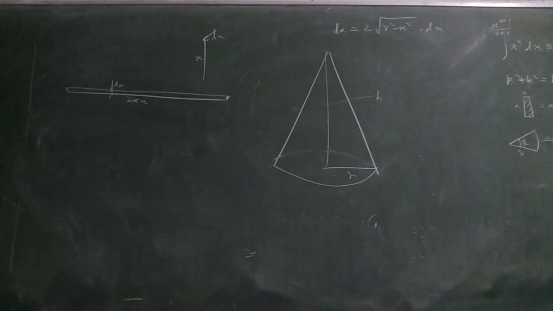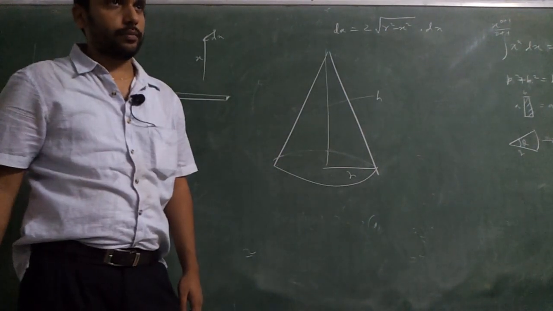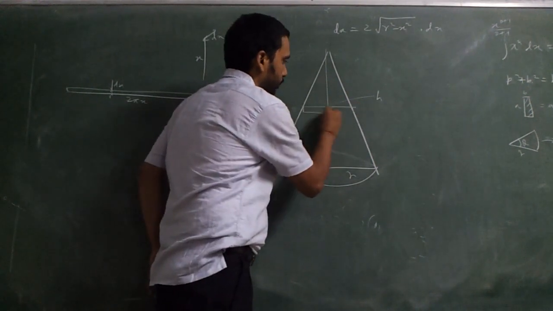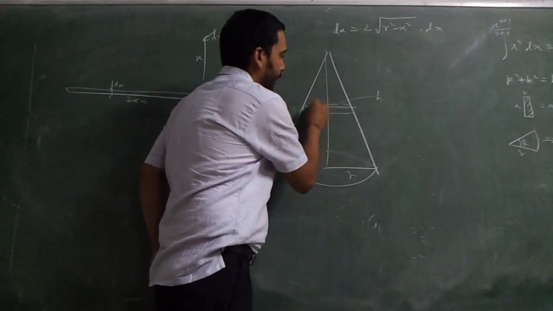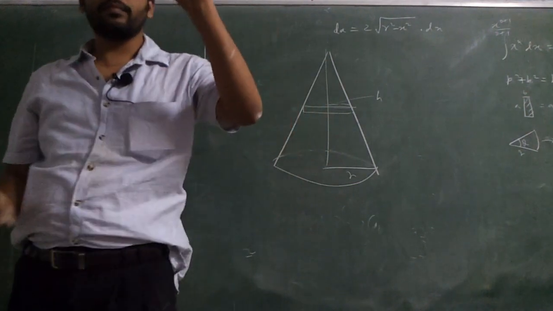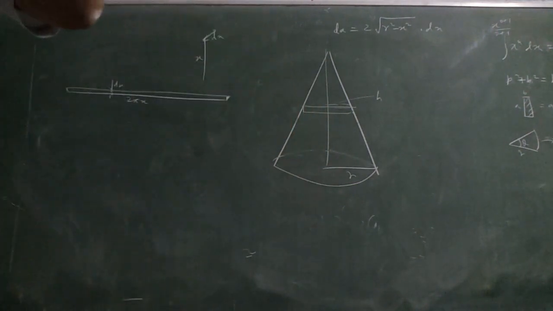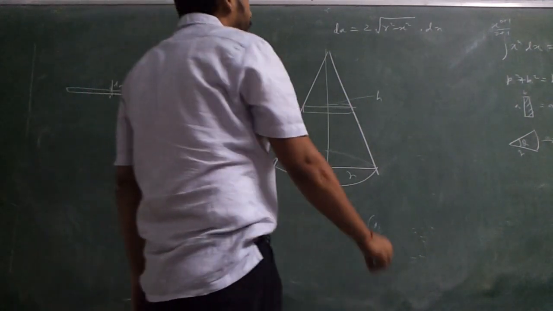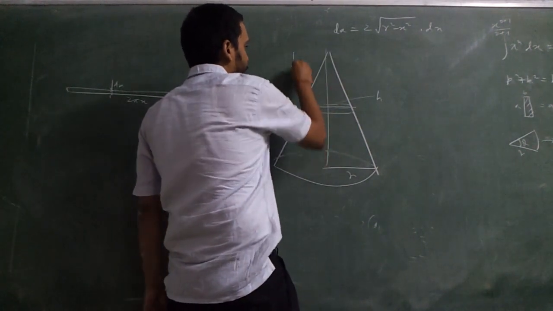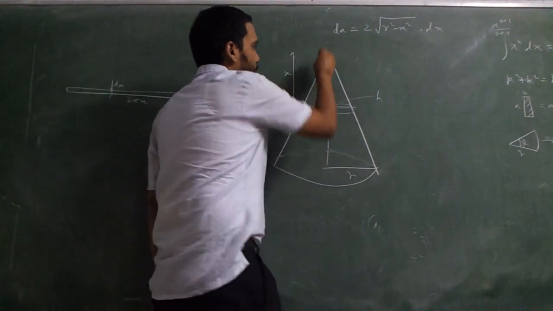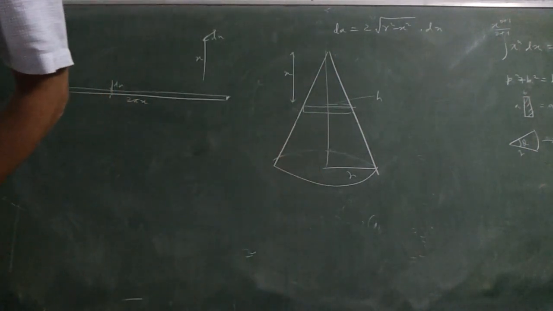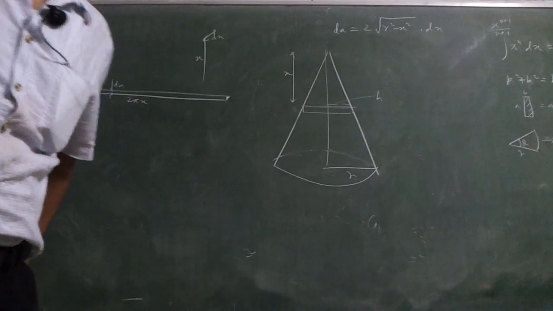So the hint is, you can slice it over here. A small cylinder will come here, a very flat cylinder, right? Find the volume of that thing and integrate. Assume that the length from the apex is x. At a distance x from the tip, what is the volume of the small cylinder?